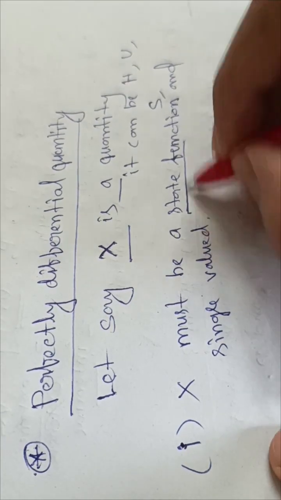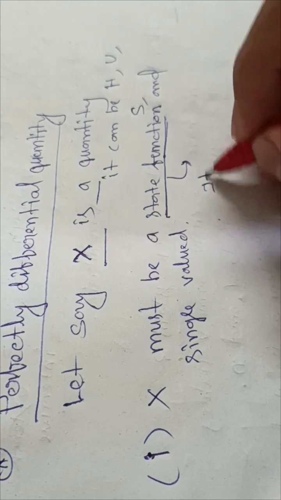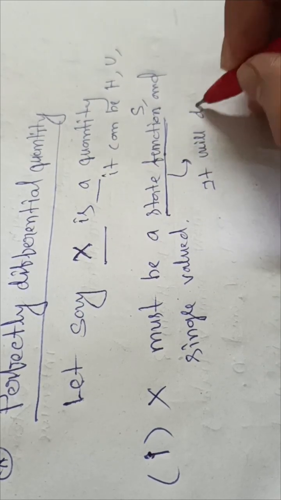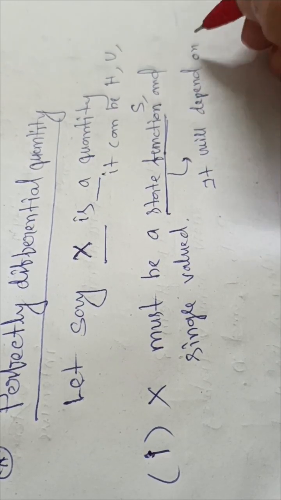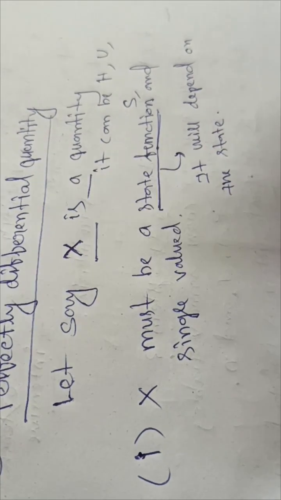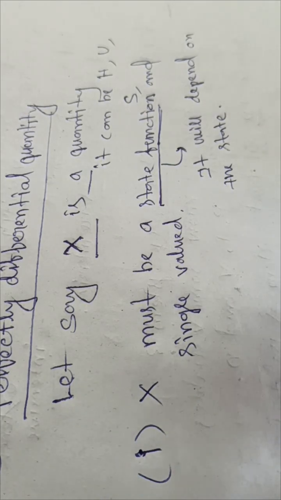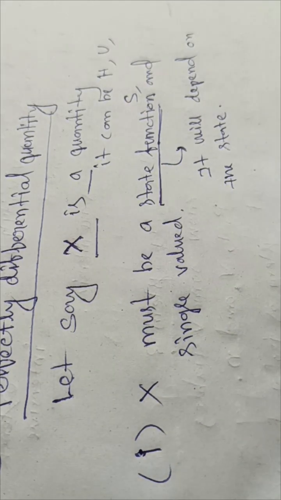What is meant by state function? State function means it will depend on the states, that is, what is the state of the system. It depends on the state, not on the path.